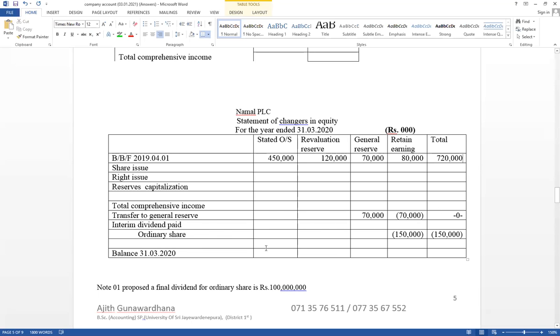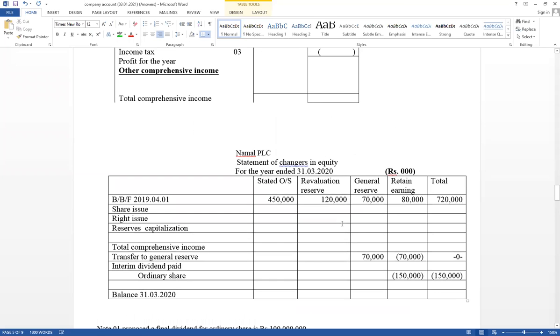Think about how to adjust dividends paid, transfer to the general reserves, and proposed dividends. Proposed dividends for ordinary shares, based on LKAS 10, are non-adjusting events and cannot be adjusted on the financial statement. We have to disclose, therefore a note should be written for that. Right, then think about the next one.